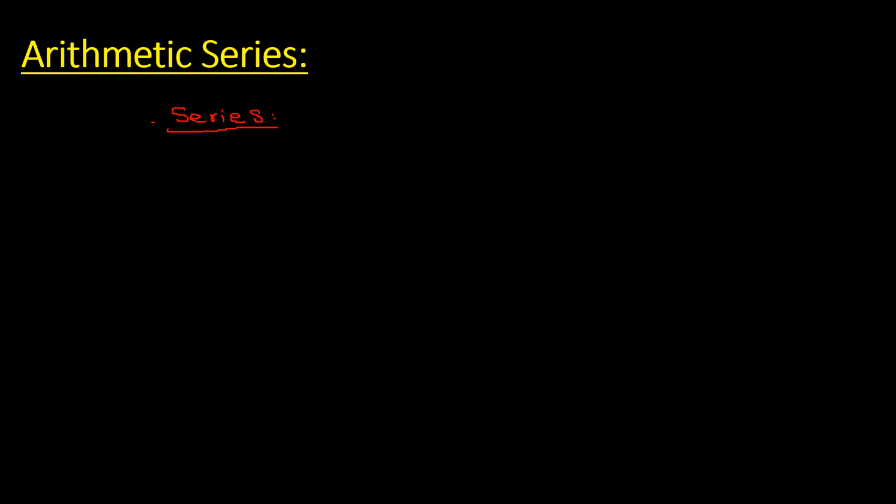So what is a series? If we have a sequence whose terms are denoted by an, that means a1, a2, a3 and so on to an, or maybe to infinity, then the series is the sum of these terms.